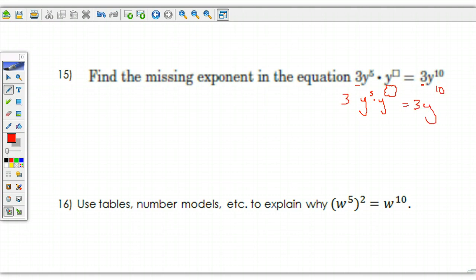So what can we put in that little squiggly there to give us the right answer? You're probably thinking right now, 2 or 5, because times or multiply, or times or add. But here we have to put a 5 in there because 5 plus 5 is 10, since there's 2 bases of y. So in the box goes 5.